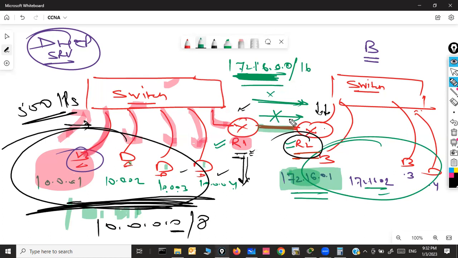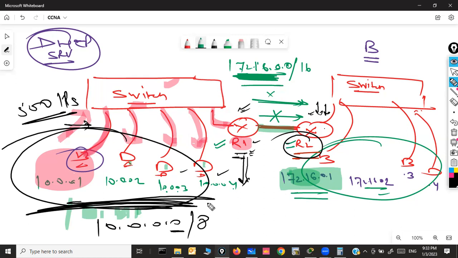No, routers require configuration, routing configuration, because unknown packets and broadcast packets are both treated in the same way, not forwarded, discarded. So what we do, we configure routers in order to route traffic across different networks, right?